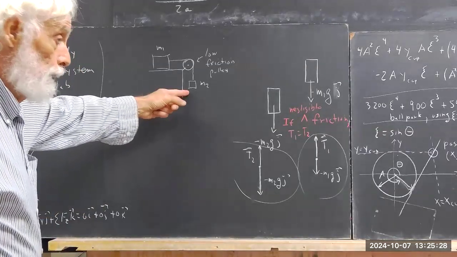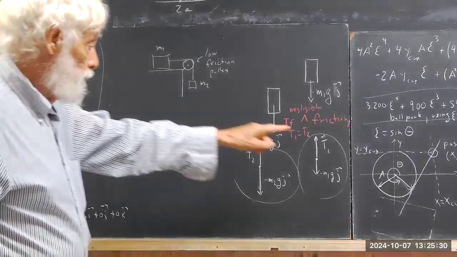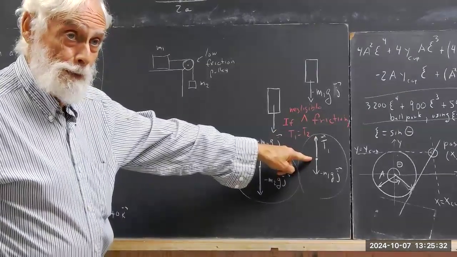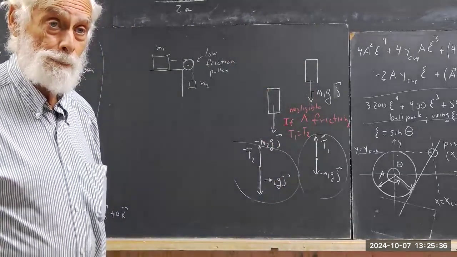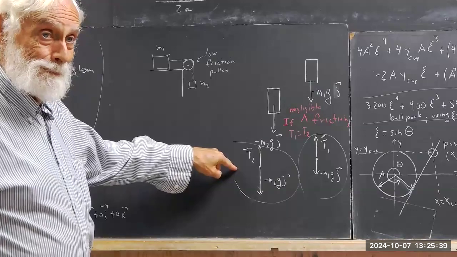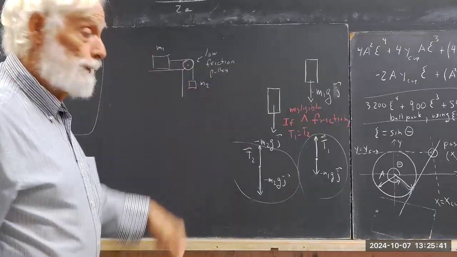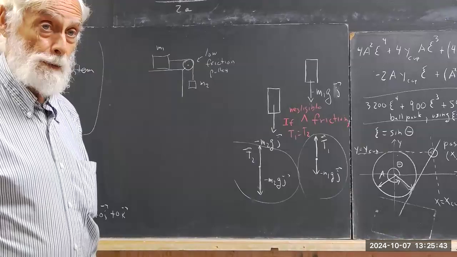What do the forces here look like? They look exactly like the forces here. It's just the same as the mass that's coming down, right? Actually, look at this. This mass is going to descend unless friction holds it back.